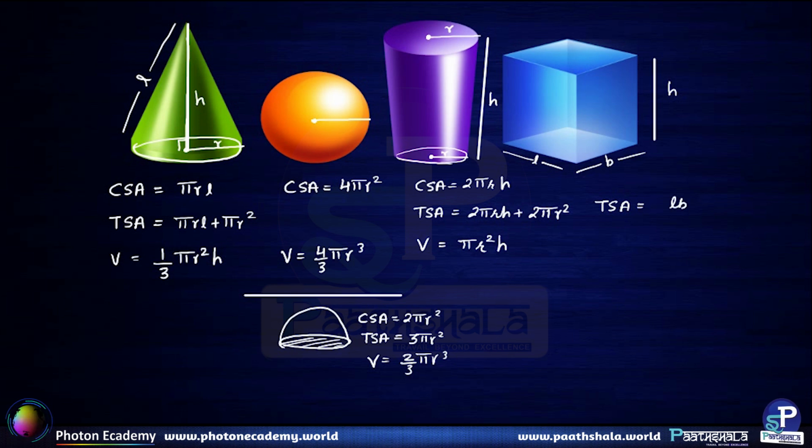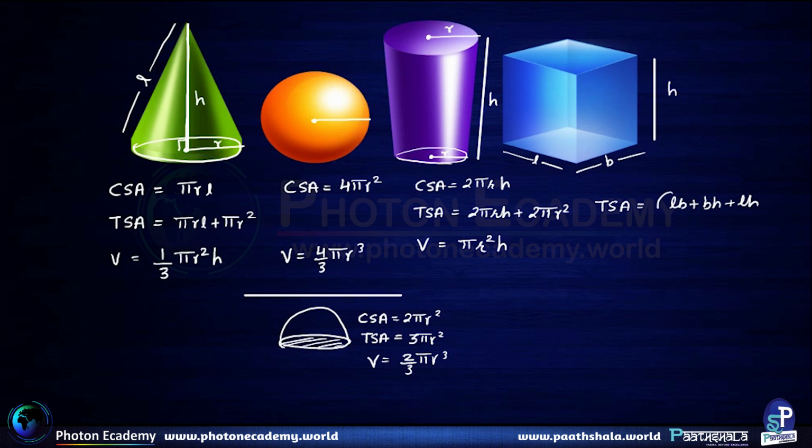So it's LB plus BH plus LH. Okay, so these are only three faces. There are opposite faces also, so into 2. So this is the total surface area, and the volume is going to be equal to LBH.